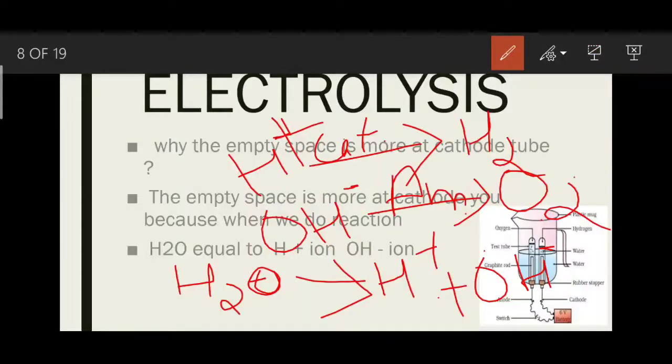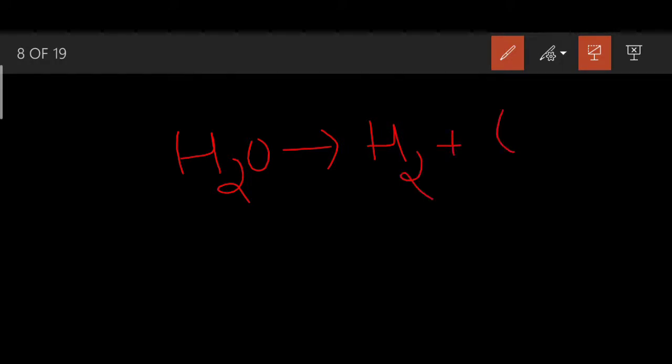Why? See here, O2 is forming at the anode, and at the cathode H2 is forming. So H2O, when electricity is provided, gives us H2 at the cathode plus O2 at the anode.